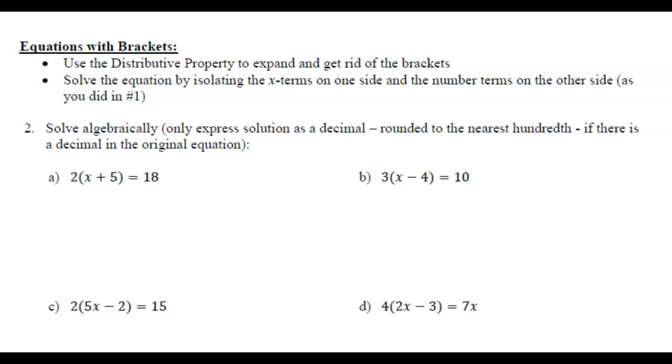And then you solve it like you've been doing so far. So here, when I expand, remember it's called the distributive property because you're distributing the 2 into everything in the bracket. That's 2x plus 10. And then you copy out the rest, equals 18.